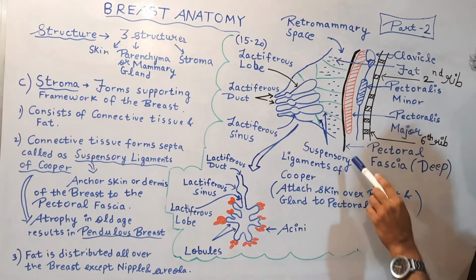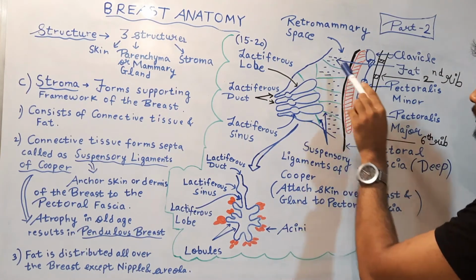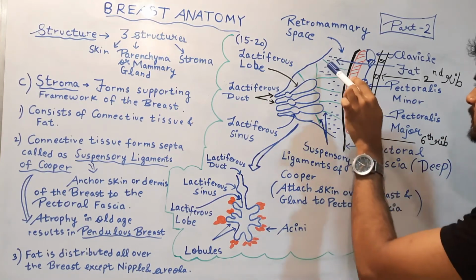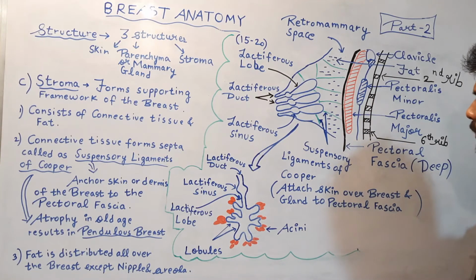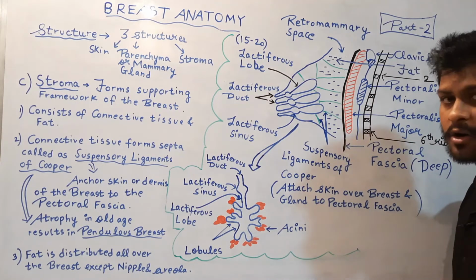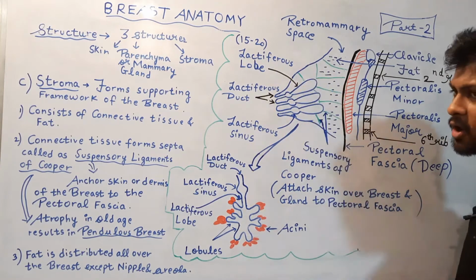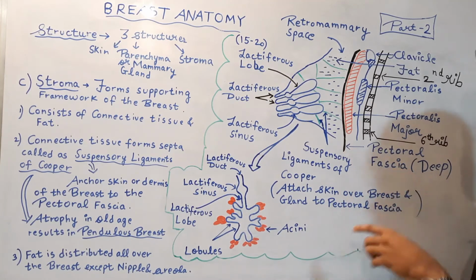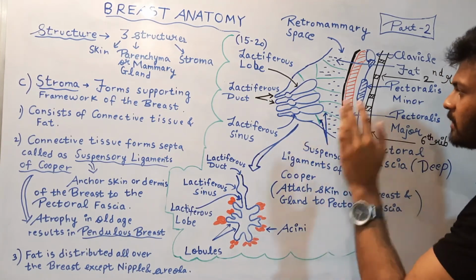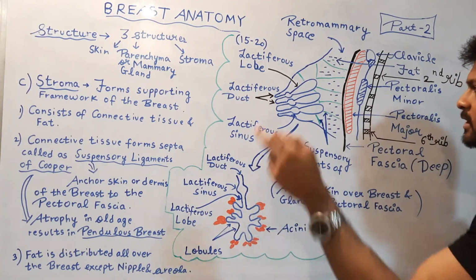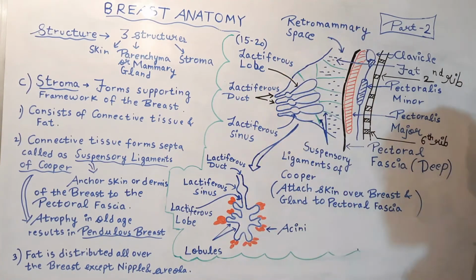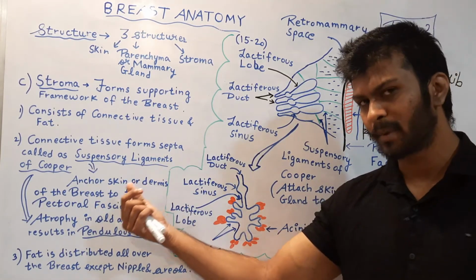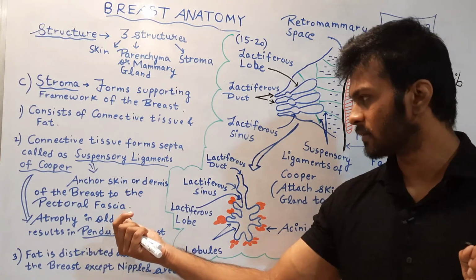Connective tissue will form septa, known as suspensory ligaments of Cooper. So we can observe the suspensory ligaments of Cooper, shown by green marker, and I have labeled it. This suspensory ligament of Cooper will anchor the skin or dermis of the breast with pectoral fascia, shown by black marker, that is, the deep pectoral fascia.